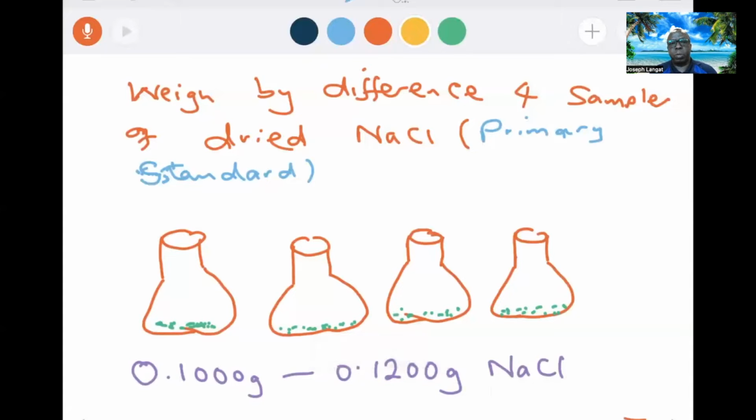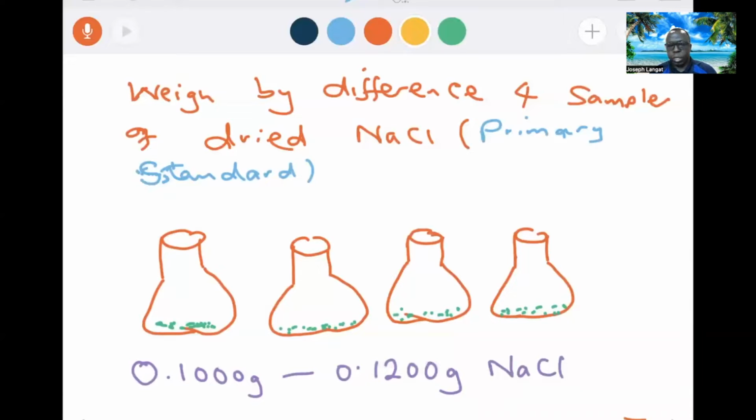By now, you should know what weighing by difference is. You just weigh the weighing bottle plus the sample, and then you transfer anywhere between 0.1 and 0.2 g of chloride, and following the instruction, you dissolve, and you had to do what?